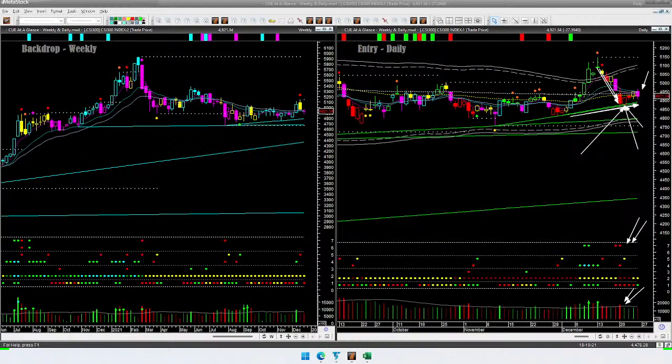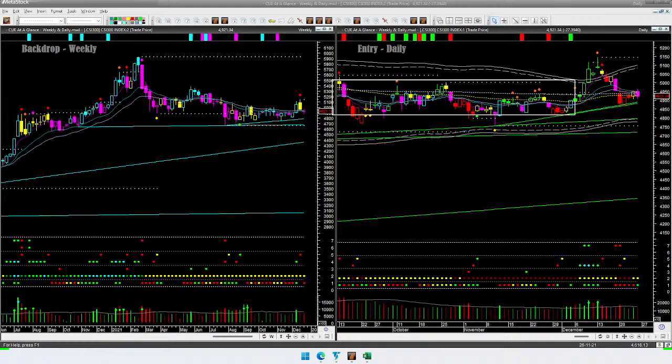What is the trend of CSI 300? For short-term trading, it is in an uptrend because it broke out of this sideways range and now it is having higher high and higher low, has trend line support, no trend line resistance.